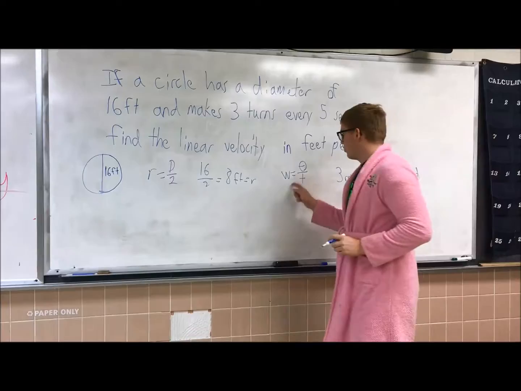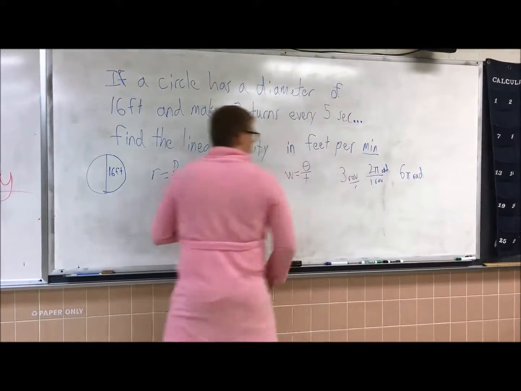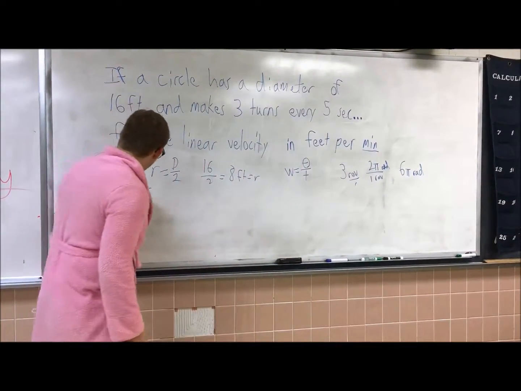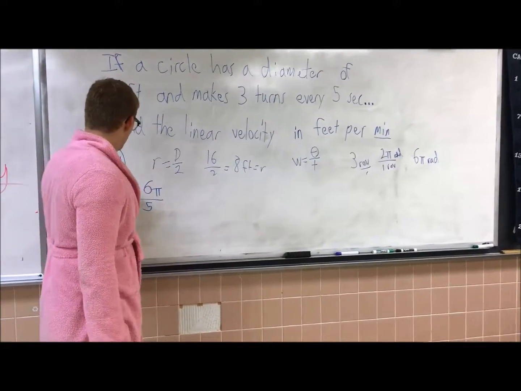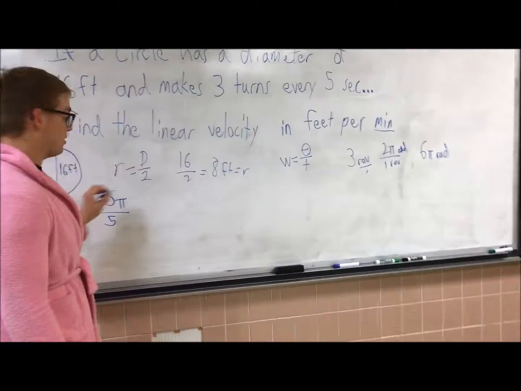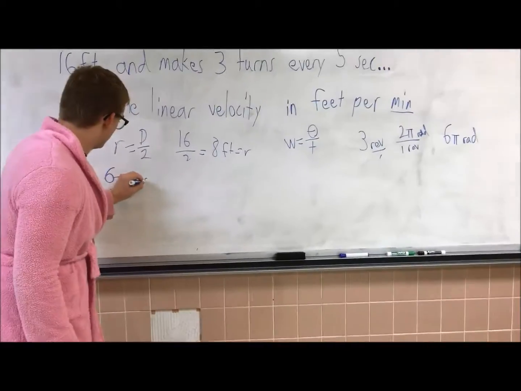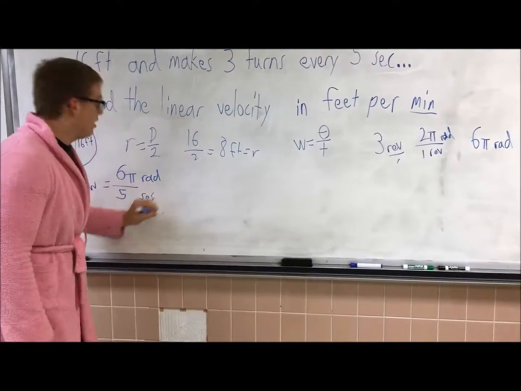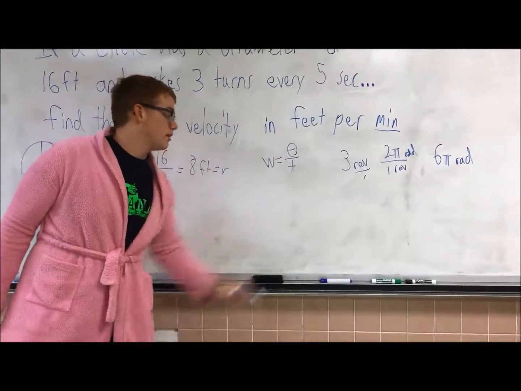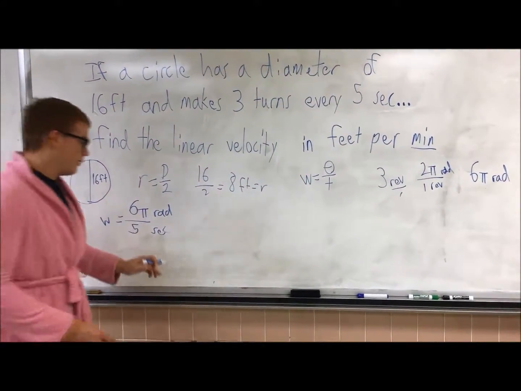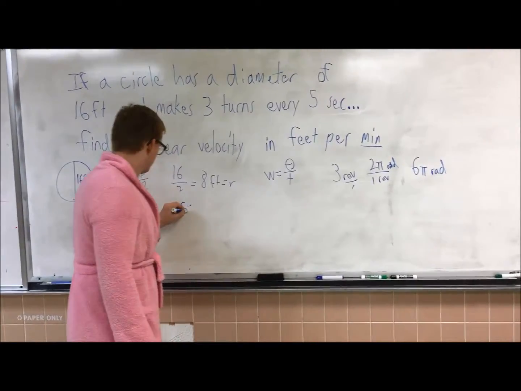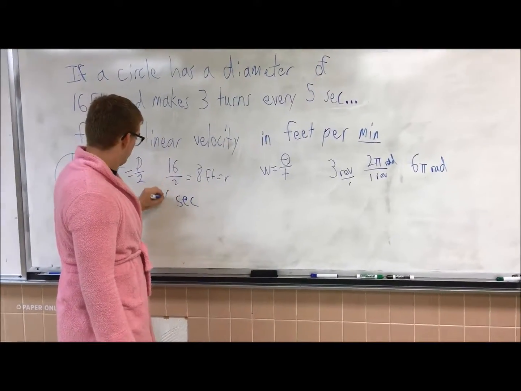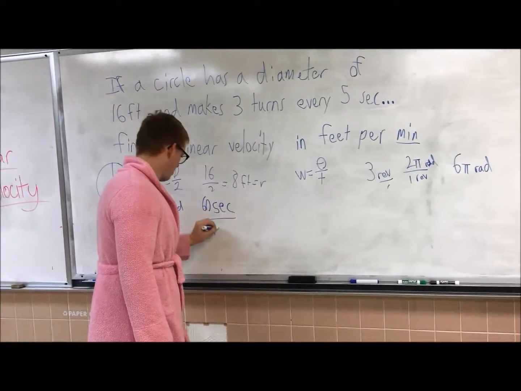Now we plug it into our equation, W equals theta over time. So 6 pi over 5 is our W, but that's in radians per second, and we need to change it to radians per minute. I'm going to do some handy converting here. Put the seconds on top: every 60 seconds equals 1 minute.